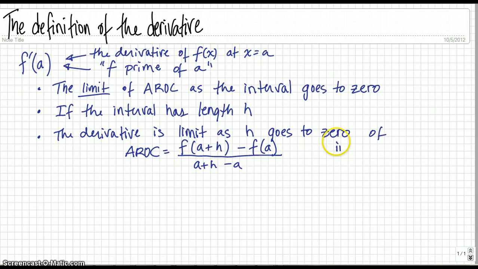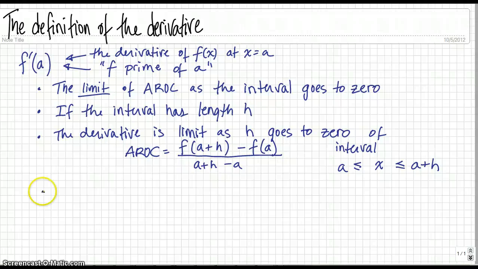And it's useful to note here, what is the interval we're talking about? In this case, x is going to be going from a to a plus h. This is assuming h is a positive number. The interval is from a plus h to a if it's a negative number. But just think from a to a plus h. That's how we find the average rate of change.